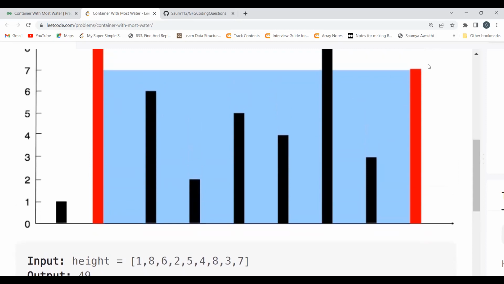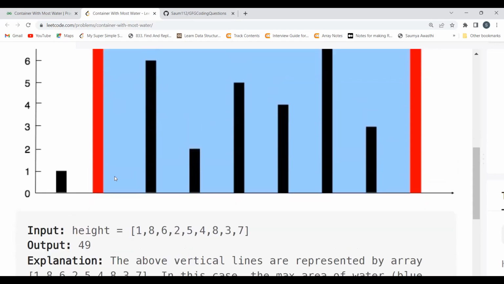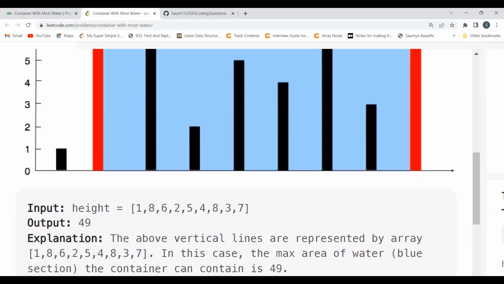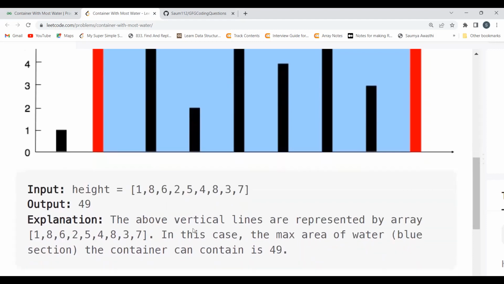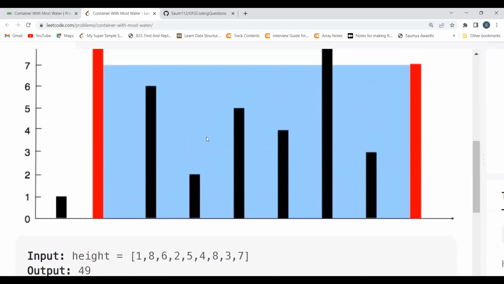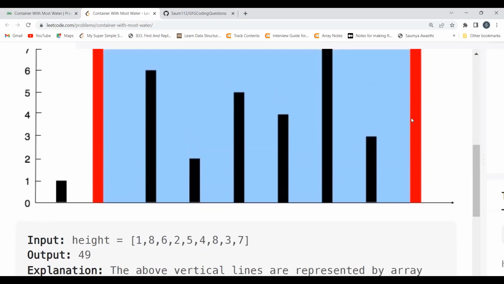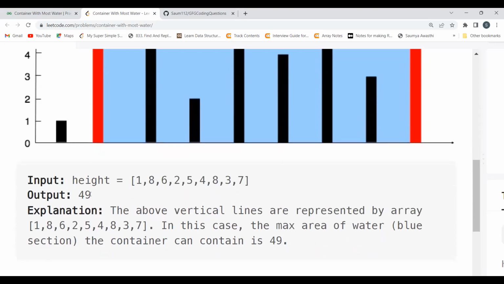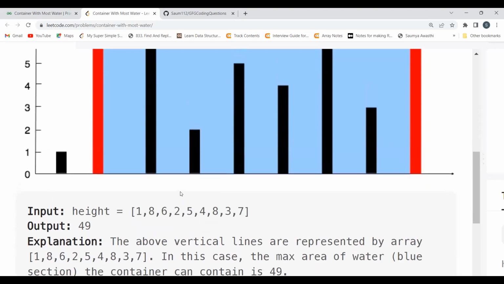Next is the distance between these two lines. This is at index 1 and this is at index 8, so 8 minus 1 is 7. And in terms of height, we take the height of the smaller vertical line, that is 7. So 7 cross 7 is 49, and that's our answer.